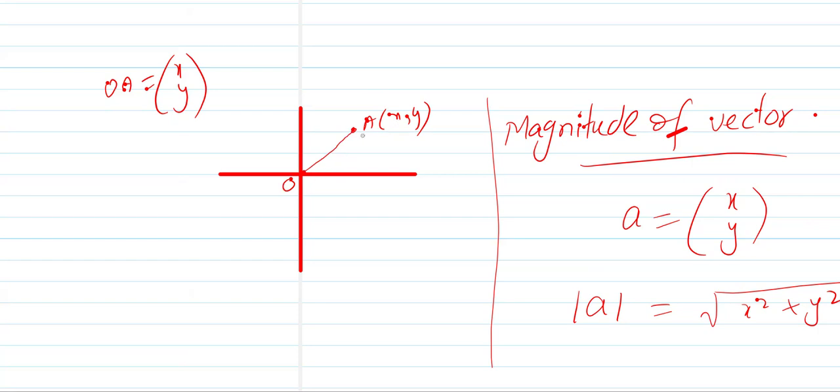So what is this x? X is going to be here. This is x and this is y. So this becomes a right angle triangle, obviously. The length of this one is actually the magnitude of this vector. If you take the magnitude of OA, it means you are taking the length of this one. So it will form a right angle triangle, so obviously it will be x square plus y square. But for the detail, inshallah, in the graphical concept, we will take more.